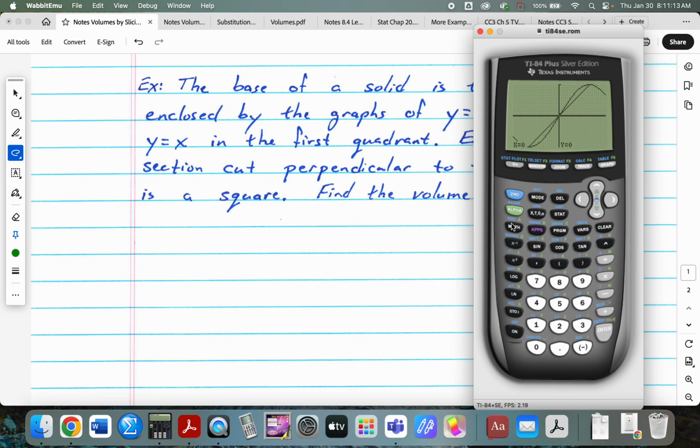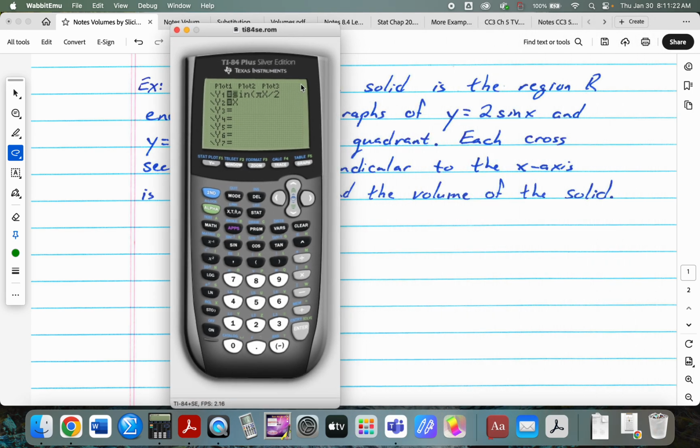Gotta wake it up. And I almost already have it. It's 2 sine of x.